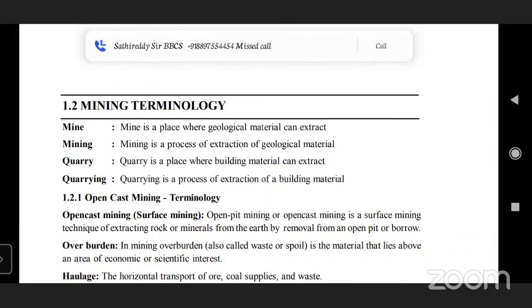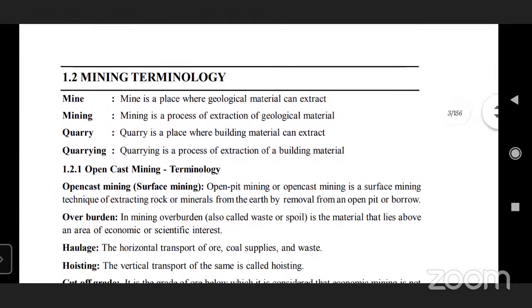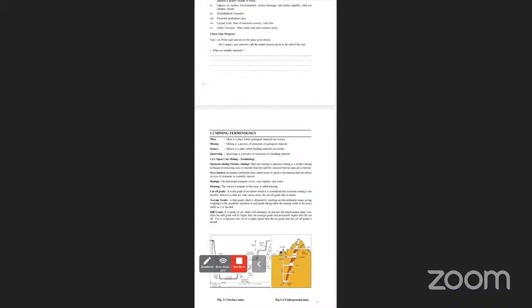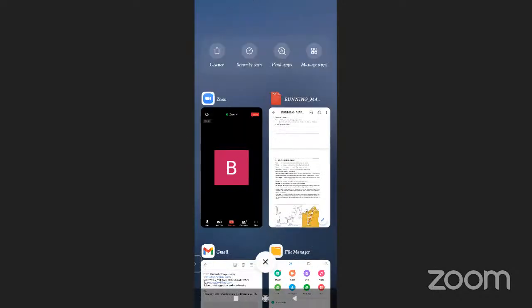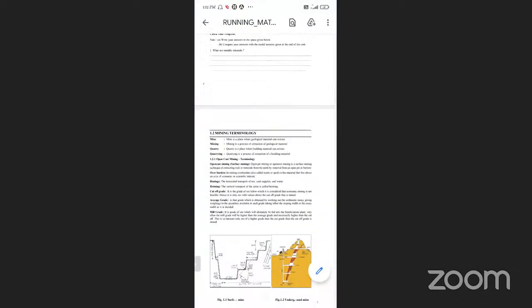So these are the mining terminology. As we have seen, before going to mining geology, we need to know the different types of mining terminology in this geological aspect. What is a mine, what is a quarry, what is quarrying? These terms are very much required before going to learn mining geology.